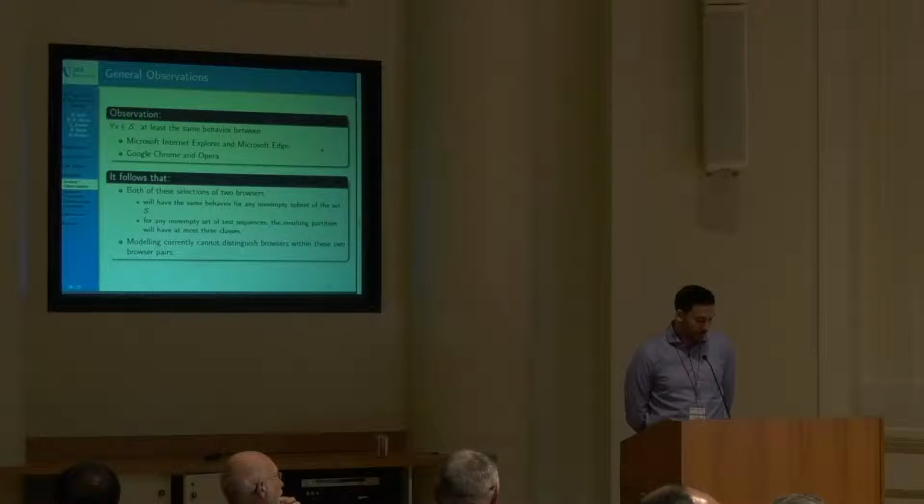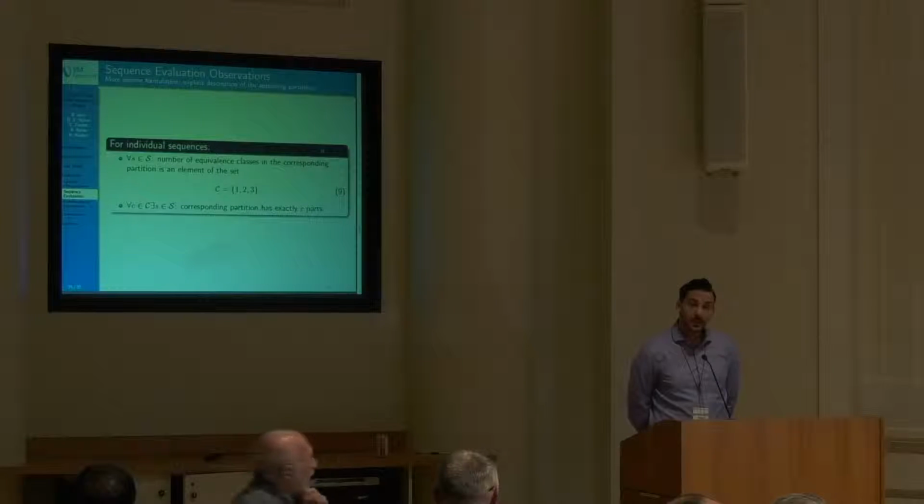And it follows that we will see the same behavior for any non-empty subset of sequences for these 2 browser pair selections. And this also means that the set of browsers has 5 elements. The resulting partition will always have at most 3 parts. And our current modeling cannot distinguish between these 2 browser selection pairs.